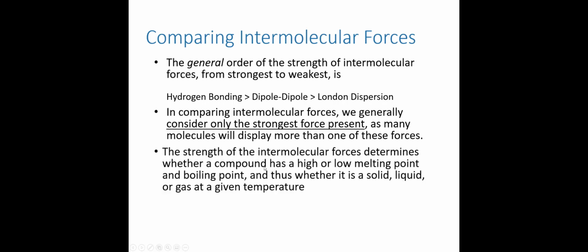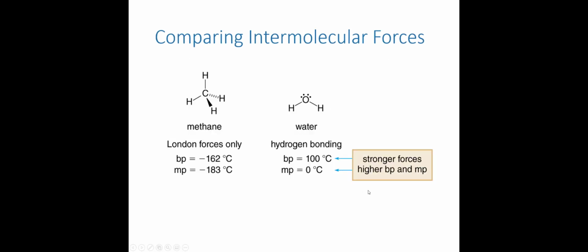And this is important because it will allow us to compare how high a melting point is of one compound compared to another. The same thing with boiling points. And for example, compounds with very, very high melting points tend to be solids at room temperature, high melting points and high boiling points, whereas compounds with very low melting points and very low boiling points tend to be gases.